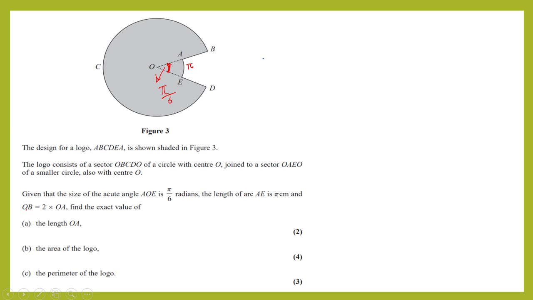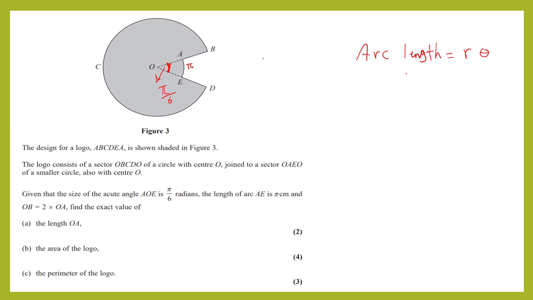And you must know that OB is double OA. So if you get the length of OA, you will double it to get OB, which is the radius for the major sector. So let's find OA first. How to find OA? We have the arc length and we have the measure of this angle. Arc length equals what? Arc length is r multiplied by theta.